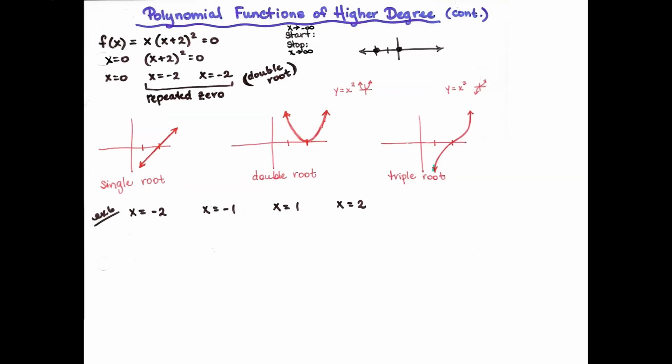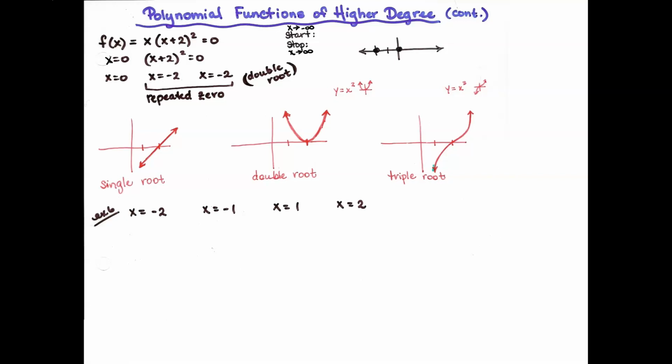Now, a couple of minutes ago, we said that if you had multiple roots at the same spot, your graph wouldn't do all those turns that it was doing before. Okay, so what is it going to do? If you have a single root, you're going to go straight through that value. If you have a double root, you're going to turn on that point.